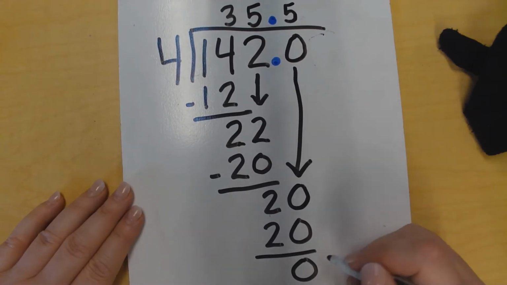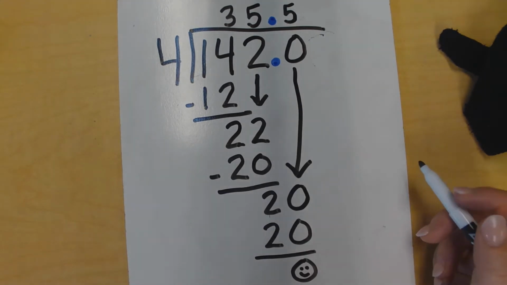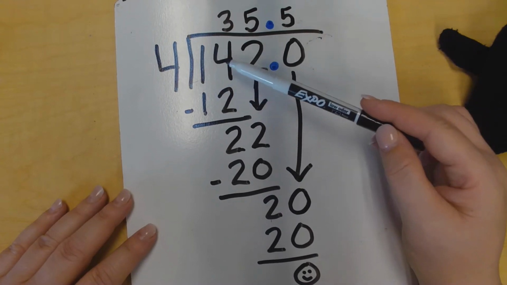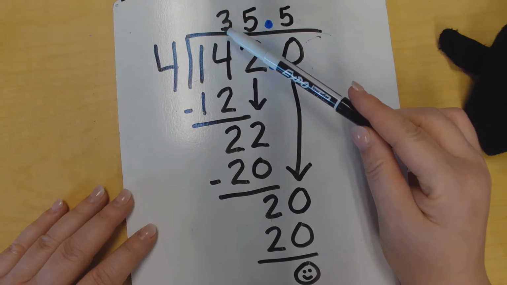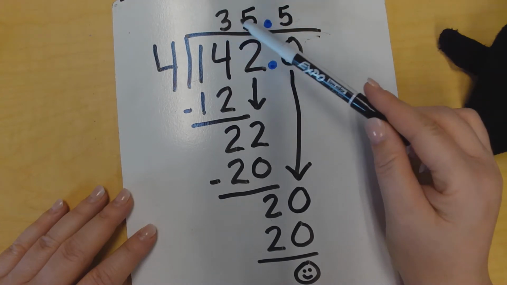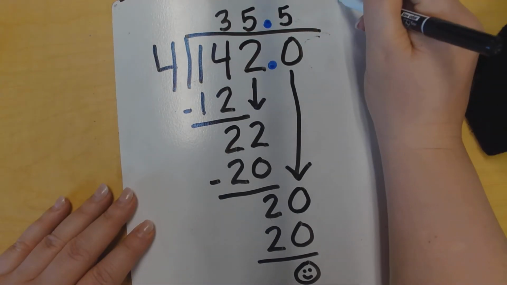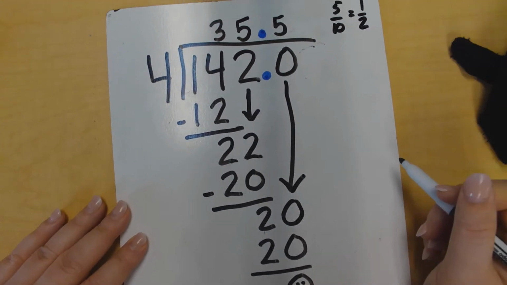I saw one math video where when you got to 0 at the bottom, they made a happy face because they were happy that they were finally done. So 142 divided by 4 is 35 and 5/10, 35 and a half. 5/10 is equal to 1/2.